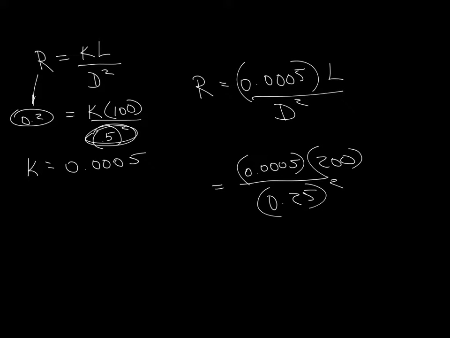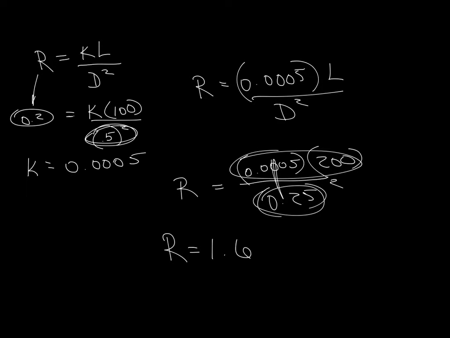What am I looking for? I'm looking for the resistance. So I'm going to take these two numbers and multiply them together, take 0.25 and square it, and then do the division between those, and I get a resistance of 1.6 ohms.